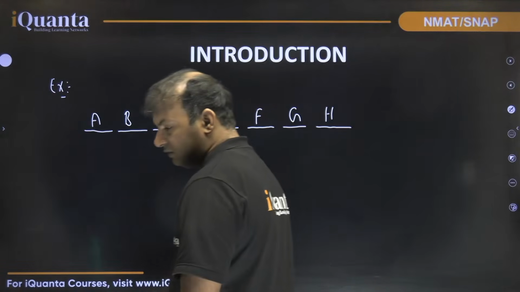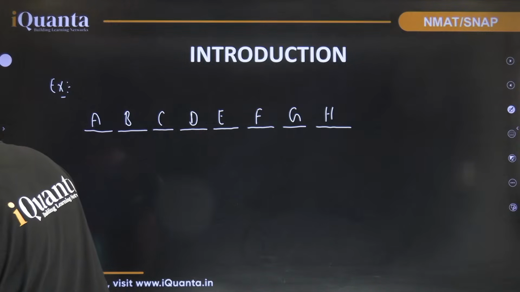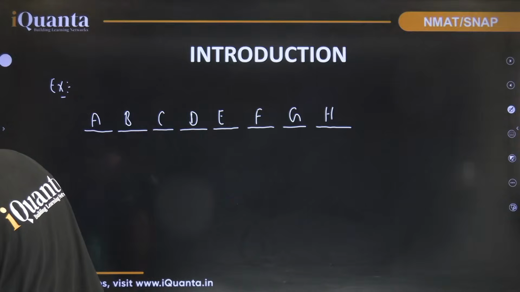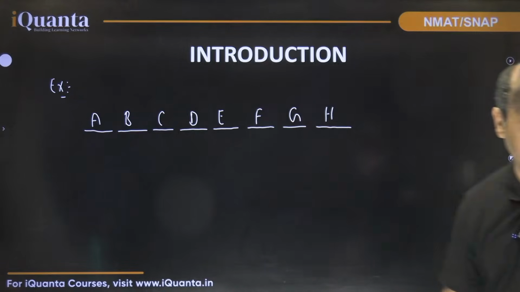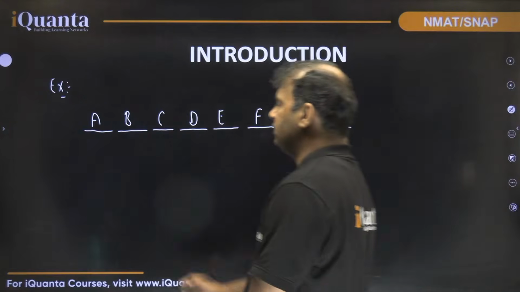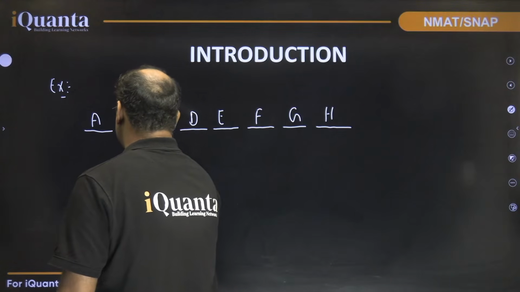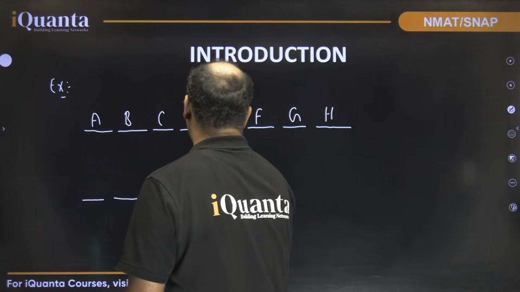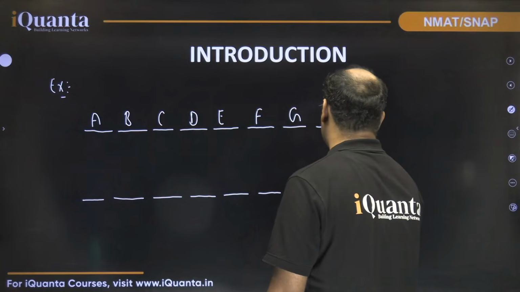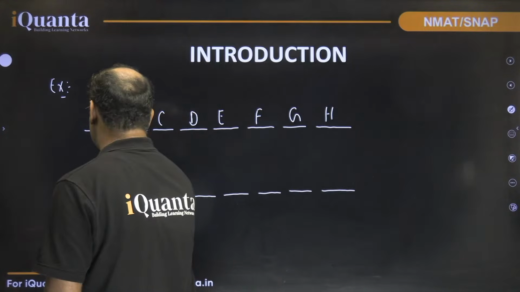Let me do one thing, guys. Just a second, everyone. Let me draw both the cases. In one case, all of them will be facing north, and in the other case, all of them will be facing south.